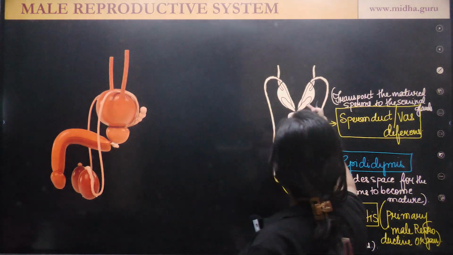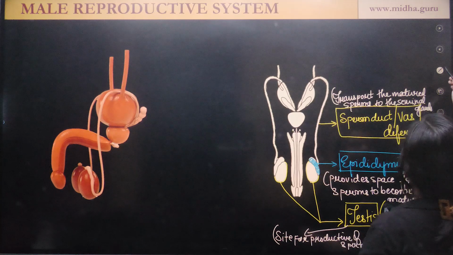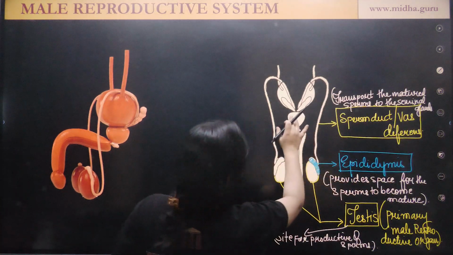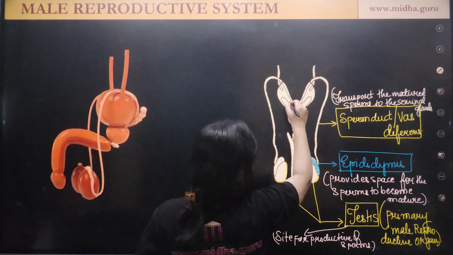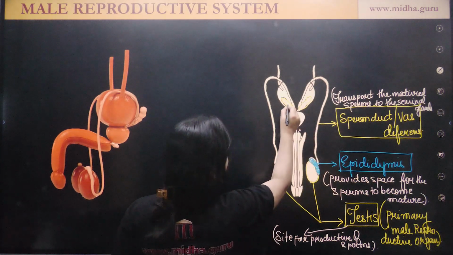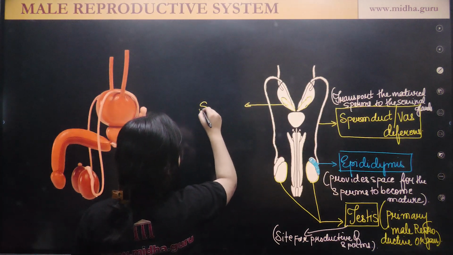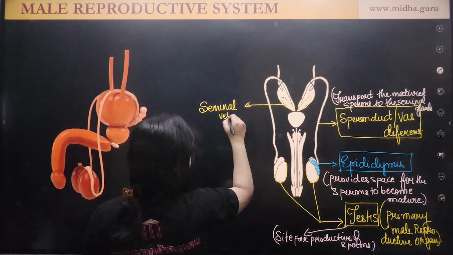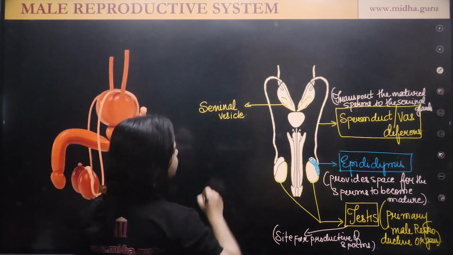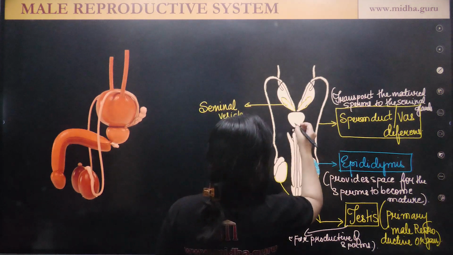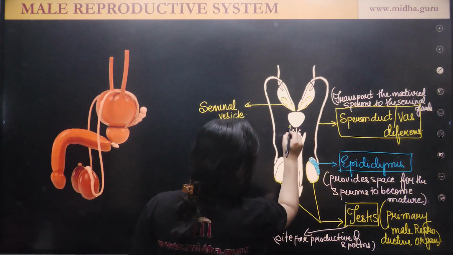So let's understand it chronologically. First, this gland is called the seminal vesicle. Then coming below, there is another gland somewhere here.